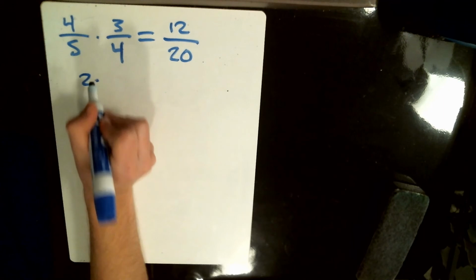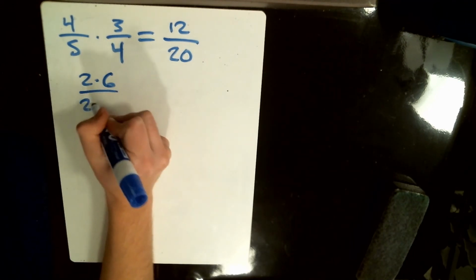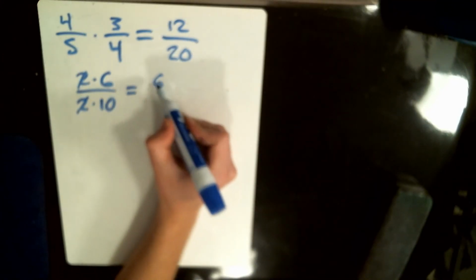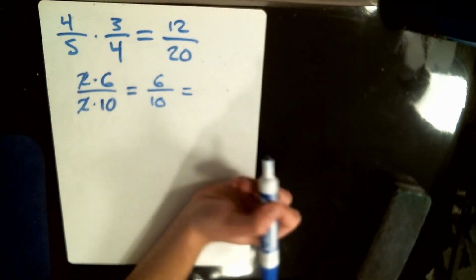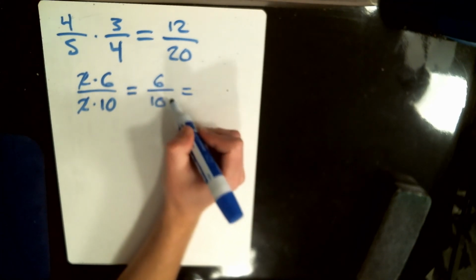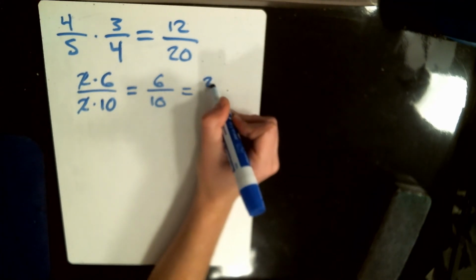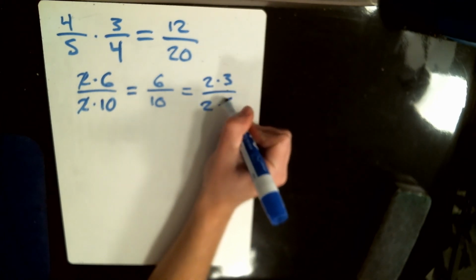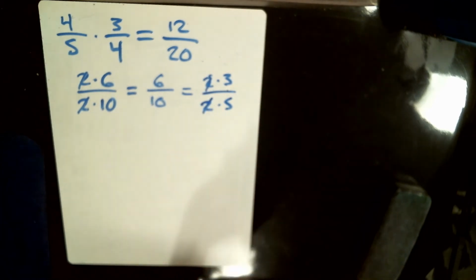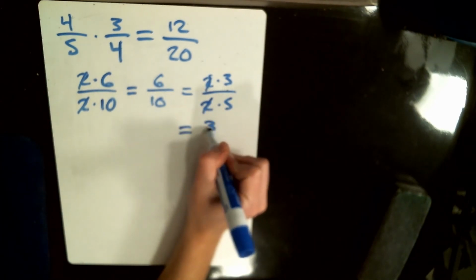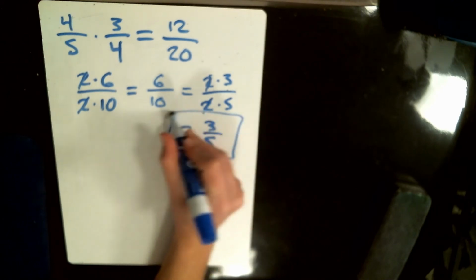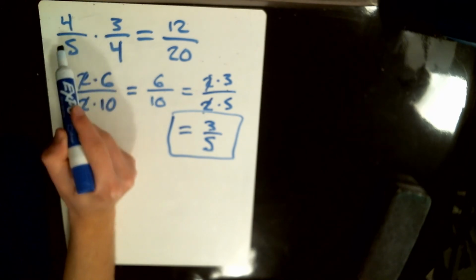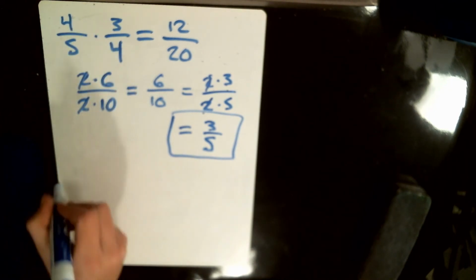Well, 2 goes in there, 2 and 6, and 2 and 10 go into 20, so I could cancel out 2. So we've got 6 over 10. And then we should think, what common factors do 6 and 10 have? Well, 6 has 2 again, and 10 also has 2, so I can cancel those out. So I'm going to get 3/5 here. Okay, so when I simplify it, I get 3/5, right? But to multiply fractions, you're multiplying straight across. Okay?